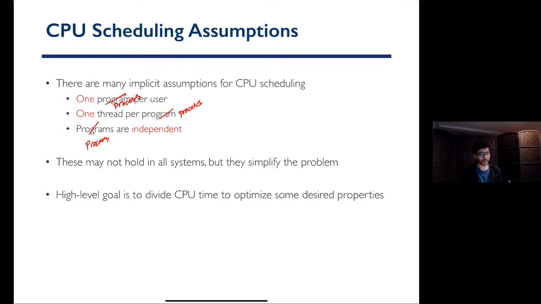You have multiple threads per process, and you might have dependency between your processes. Maybe they're synchronizing on a file, or there's a pipe between the processes. So we're not going to consider those. To just make everything easy, we're going to just focus on a simple setting where you have one thread per process, one process per user, and totally independent processes.